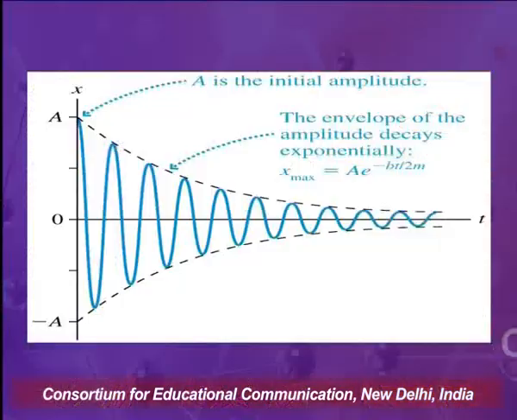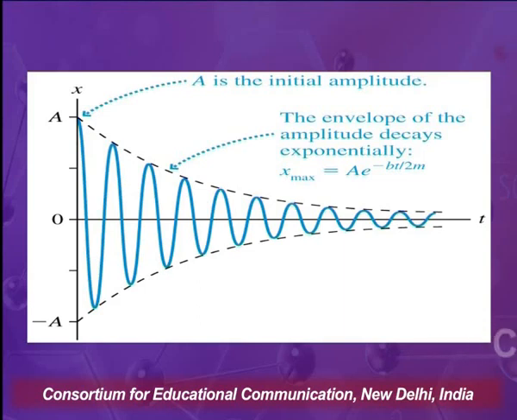You can see in this diagram how damping is going on. On the x-axis is time and on the y-axis is amplitude, and capital A at the top of the y-axis is the initial amplitude. The dotted line, the envelope of the amplitude, decays exponentially.